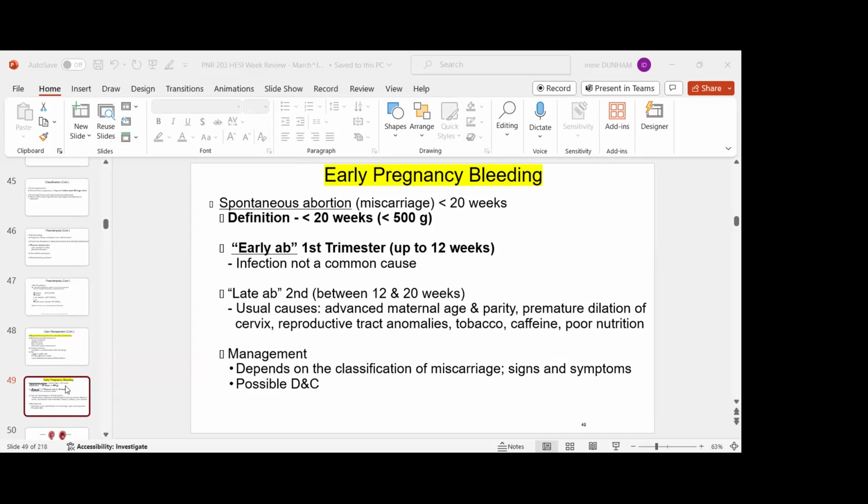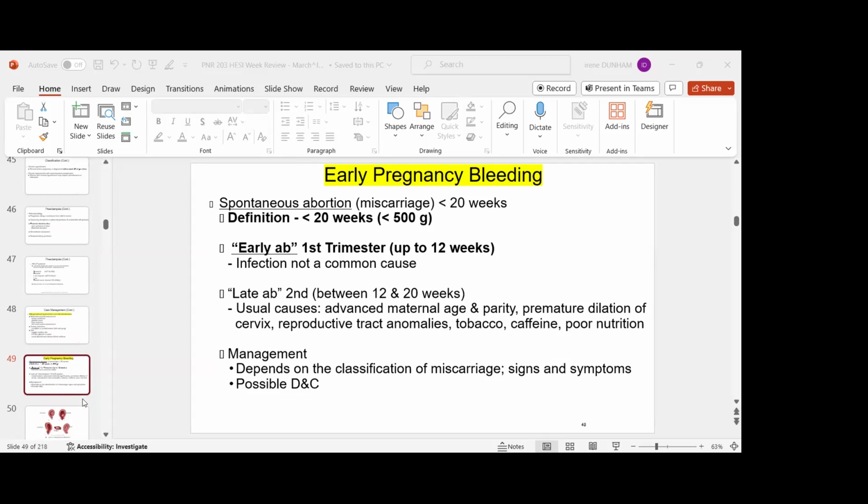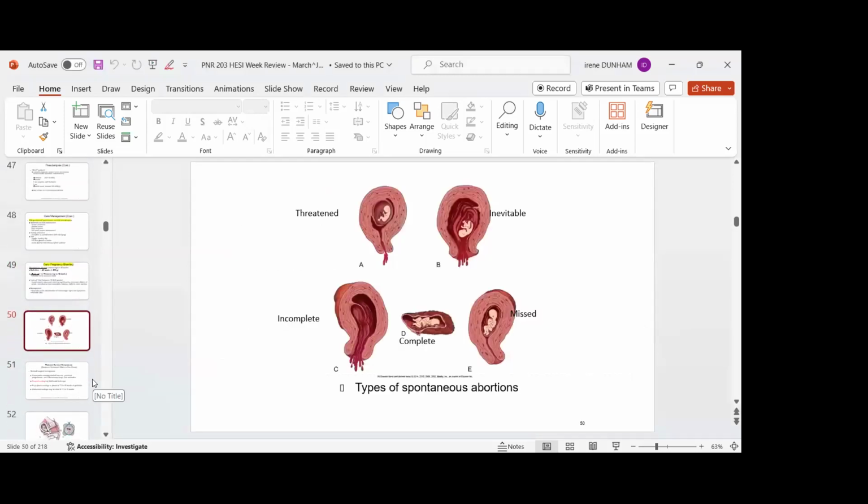Let me show you right here. If it's a threatened abortion, AB, that means there's some blood that's coming out. She might have even dark brown looking blood, so you have a little bit of leakage. What you do with a threatened is put the patient on bed rest, and there's nothing in the vagina for at least 2 weeks.